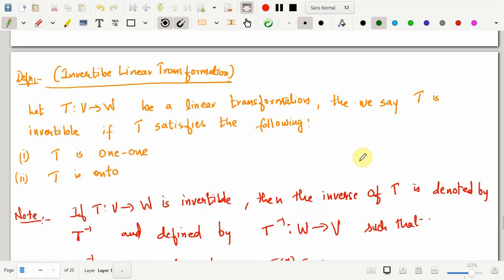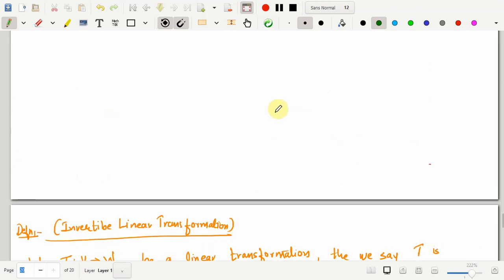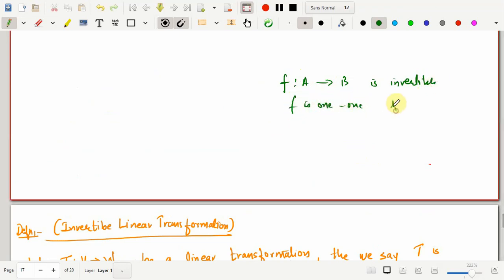So by the definition of inverse map, we know that a given map F from set A to B is invertible if F is 1-1 and onto, that is, if F is bijective.